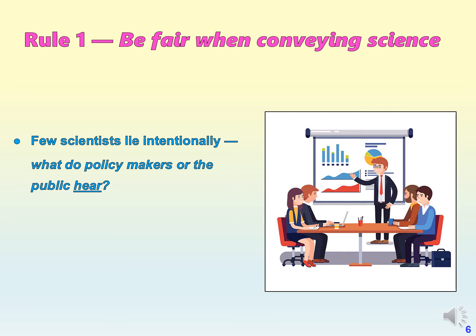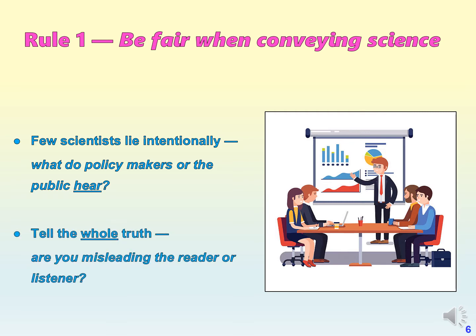You may intend to convey information in a certain way, but if people don't interpret it that way, the communication hasn't been effective. And you need to tell the whole truth. Leaving out information that's relevant to the policy question on the table is not perhaps quite as bad as lying about the information, but it's not good. It misleads the reader or the listener or the policymaker or the public. So you want to be fair and convey all the relevant information to the topic.